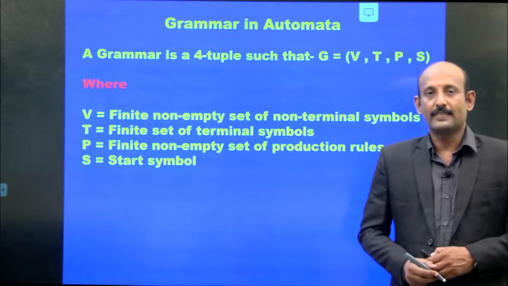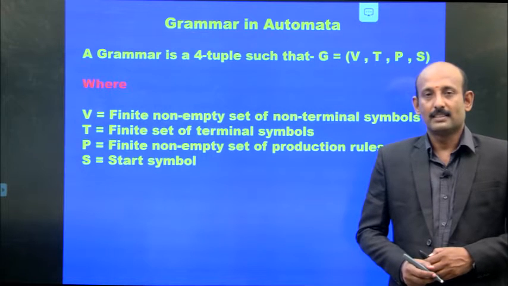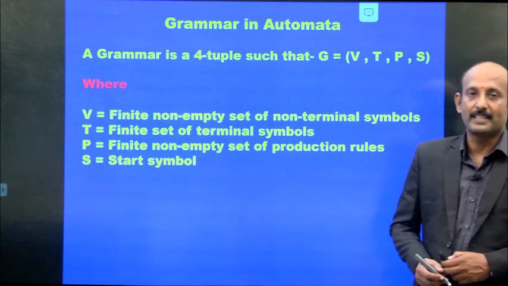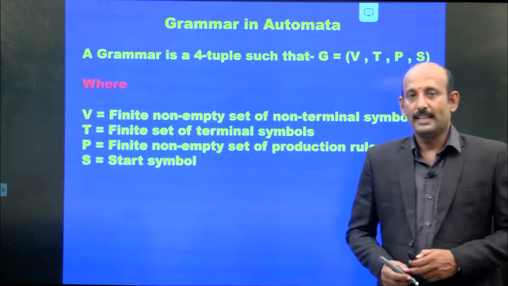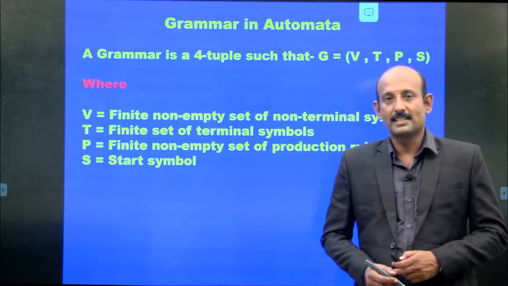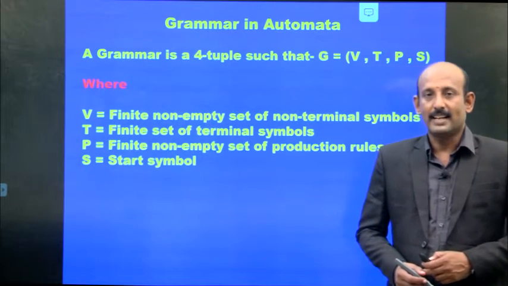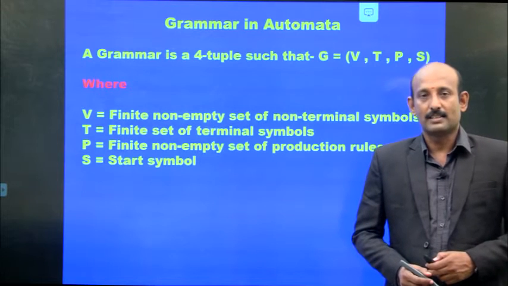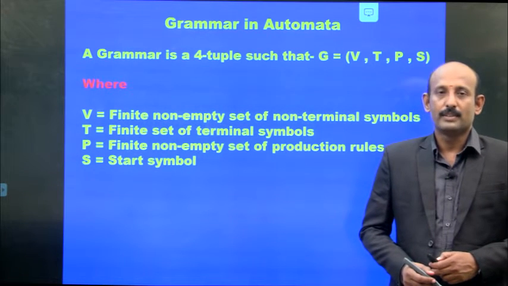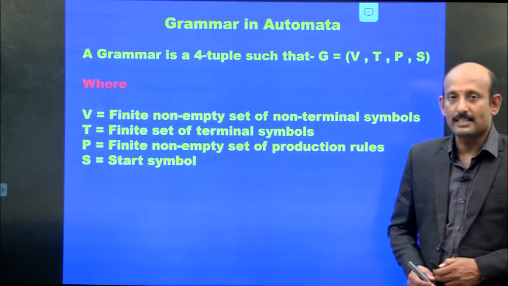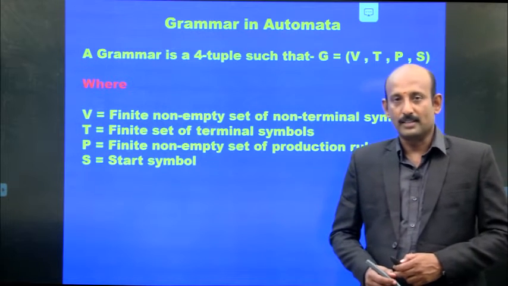We know programming languages like C, C++, Java, and there are many others. For these programming languages, we describe the syntactic and semantic structures by using the concept of grammar. So the grammar consists of 4 tuples.